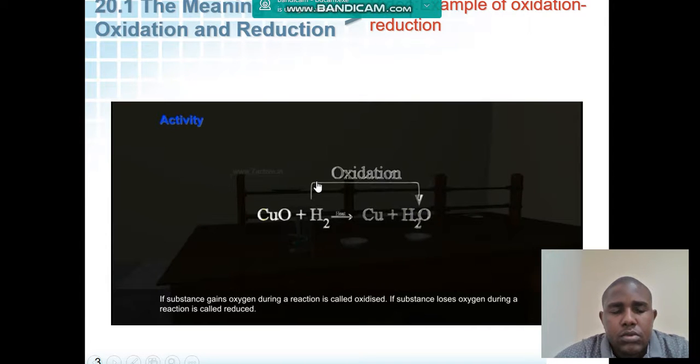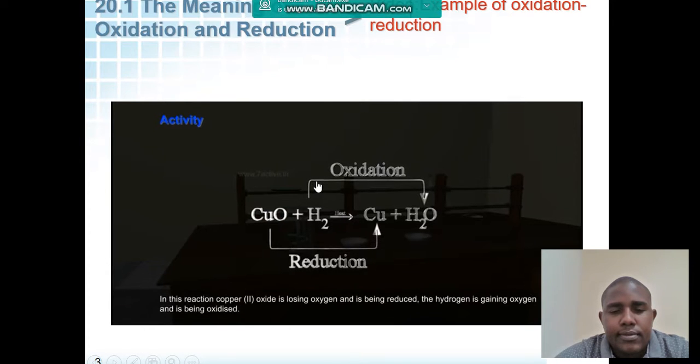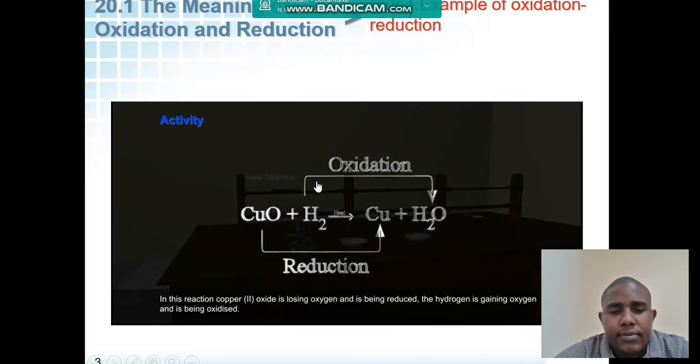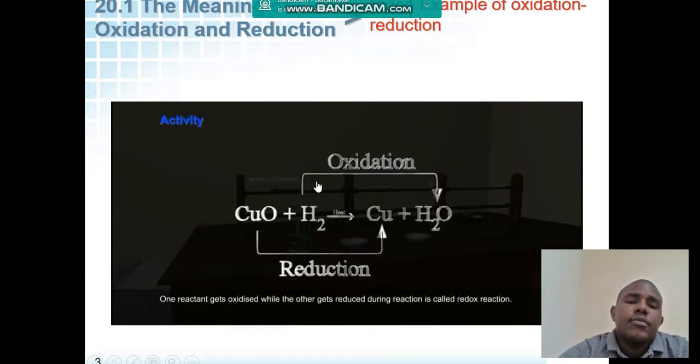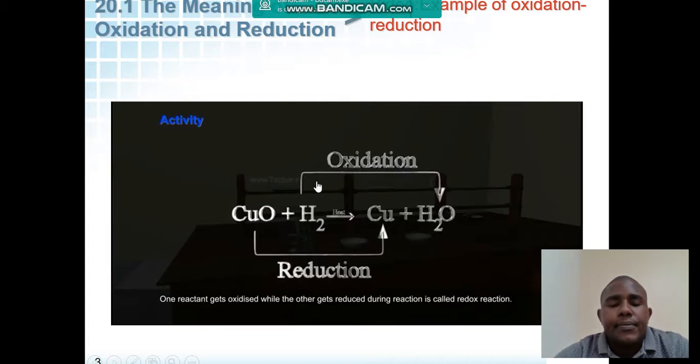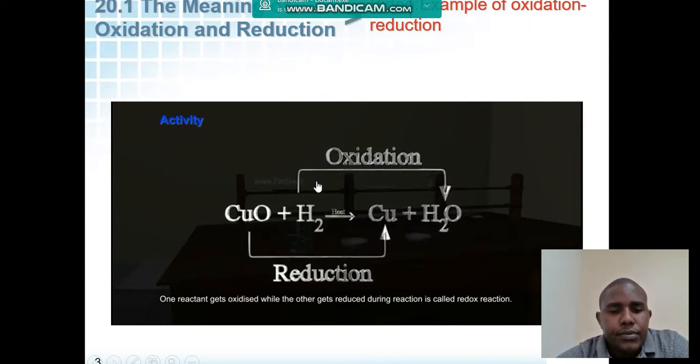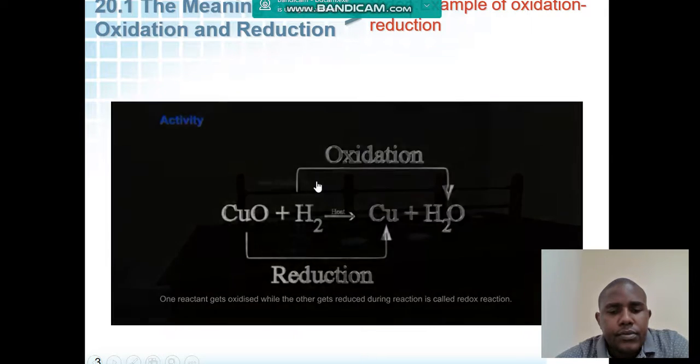If a substance loses oxygen during a reaction, it is called reduced. In this reaction, copper 2 oxide is losing oxygen and is being reduced. The hydrogen is gaining oxygen and is being oxidized. A reaction in which one reactant gets oxidized while the other gets reduced is called a redox reaction.